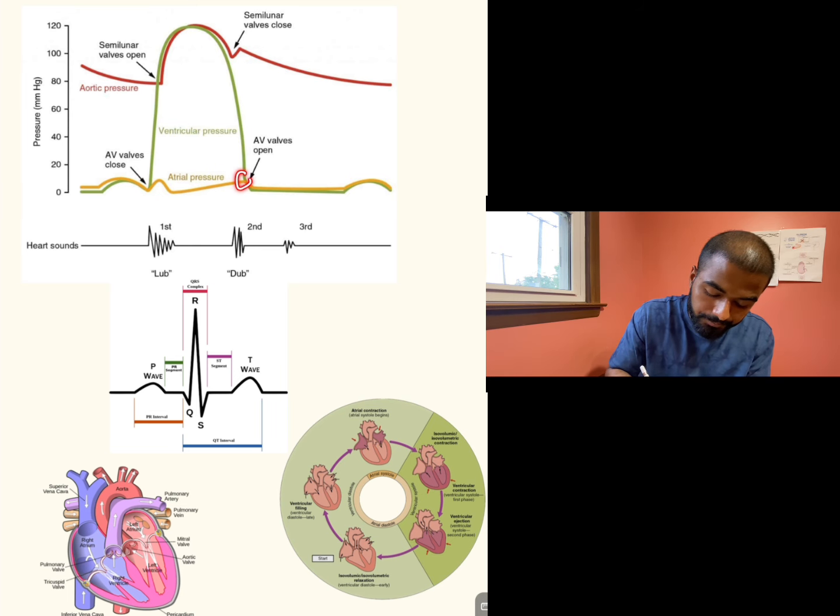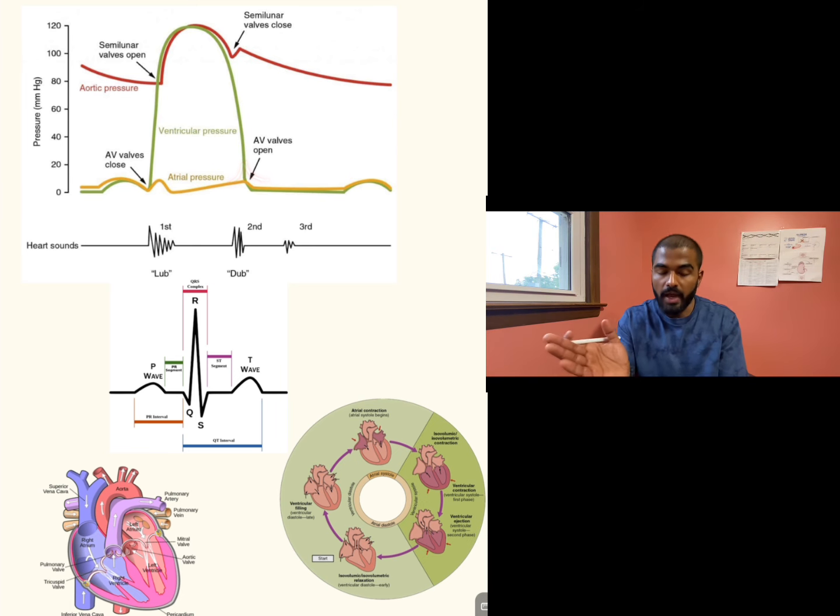So at this time, if there's a mitral valve regurgitation, or if we have blood backing up to the atria, this pressure would be higher because there is pressure pushing back into the atria.